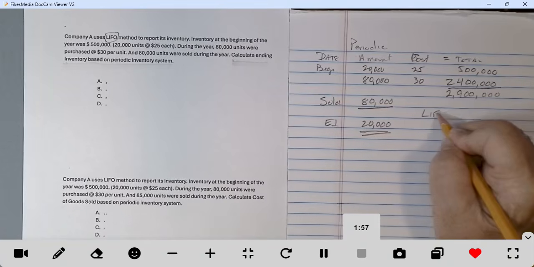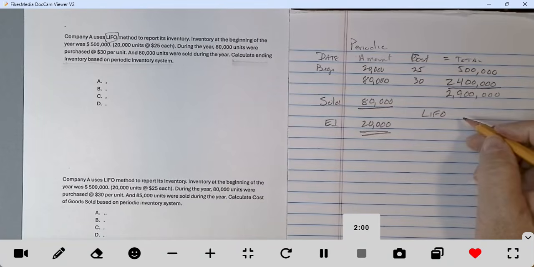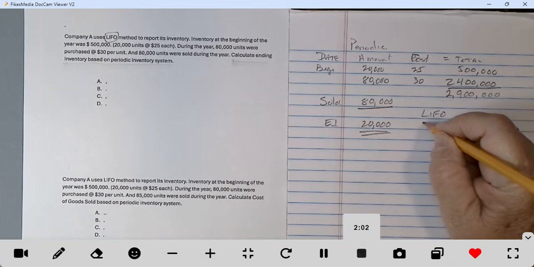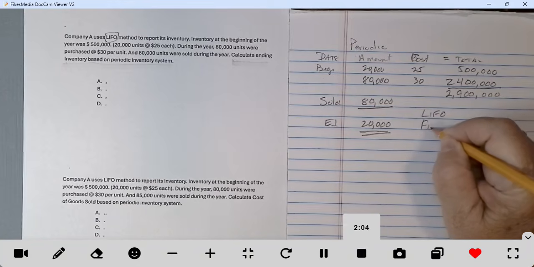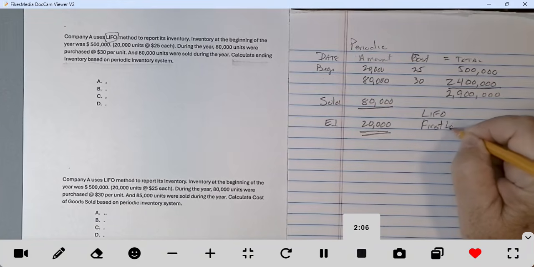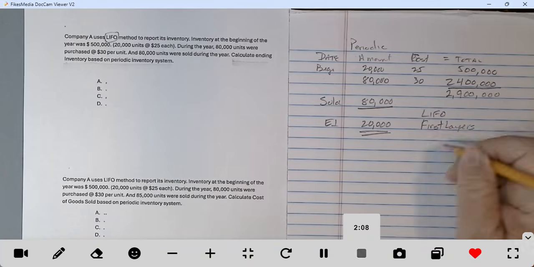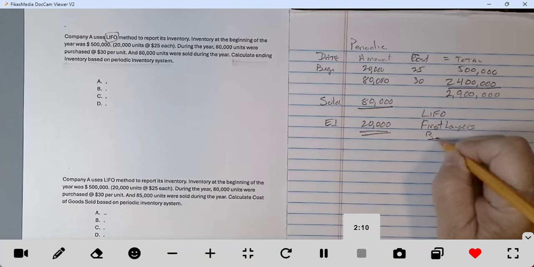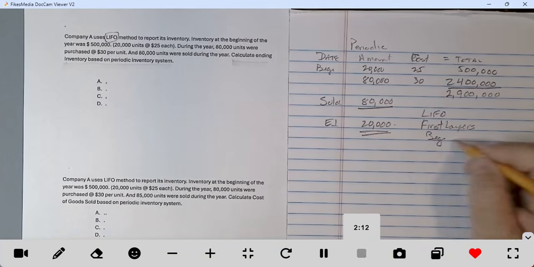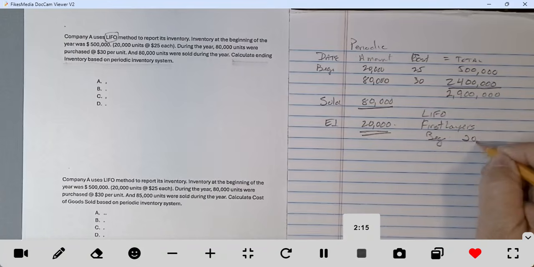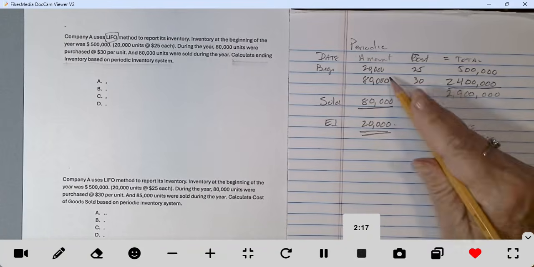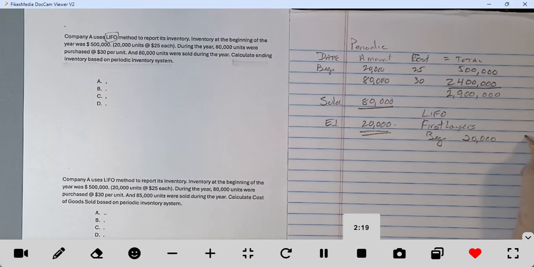My LIFO, I'm going to look at the first layers. So my first layer is my beginning. I have 20,000 in inventory, and I'm going to take that whole layer for 500,000.